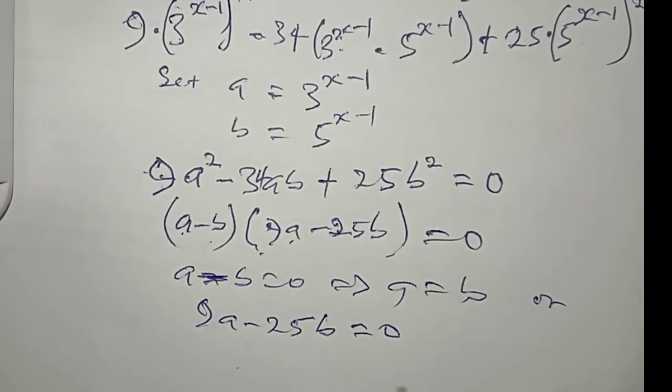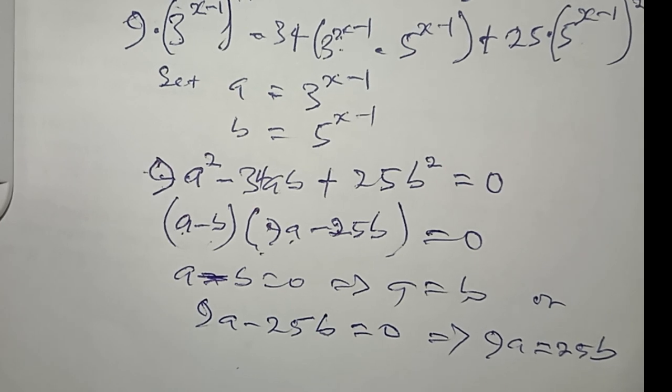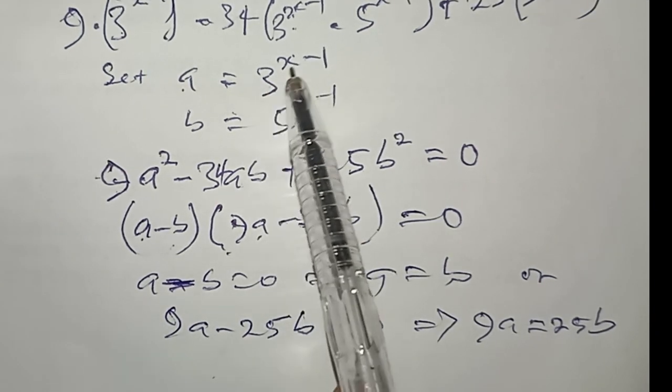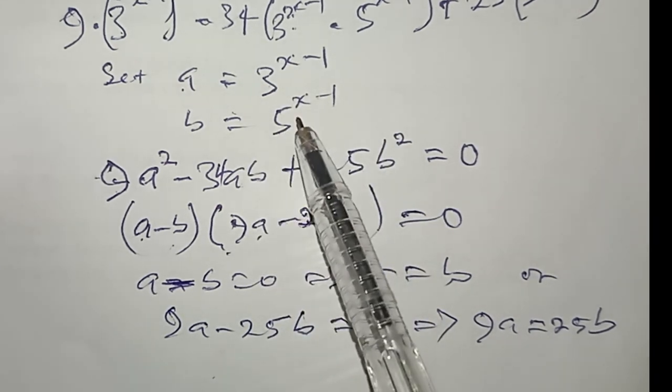Which basically implies that 9a is equal to 25b. Since we set our a to be equal to 3 power x minus 1, and then our b to be equal to 5 power x minus 1.